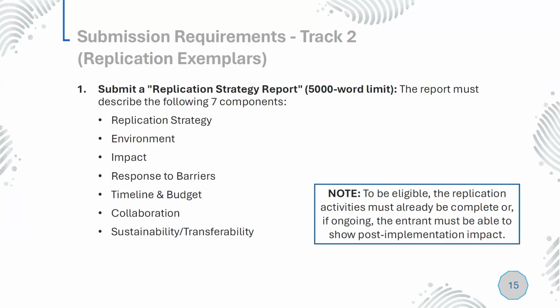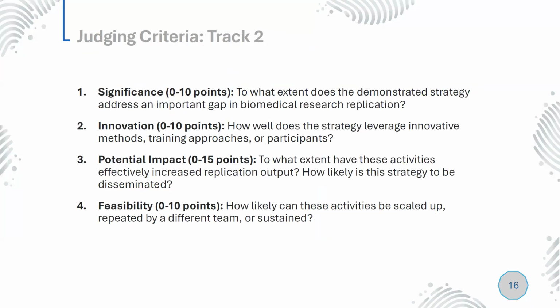Next slide, please. So the judging criteria for track 2 include the following areas around significance. Did the replication experiment or set of experiments address an important gap in biomedical research replication? Innovation. Does it leverage innovative methods or training approaches or participants?